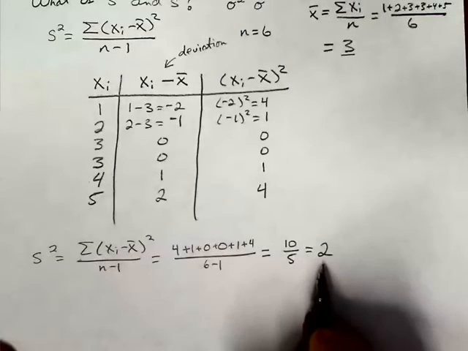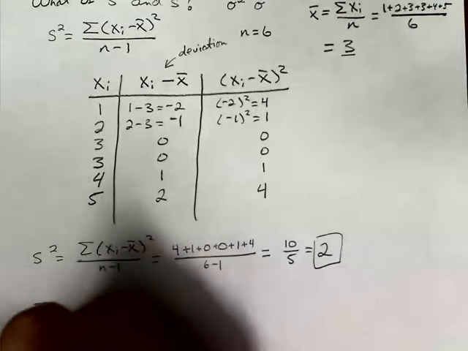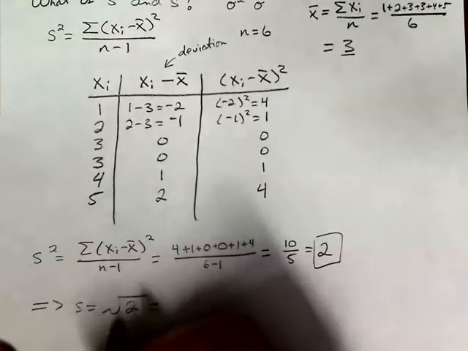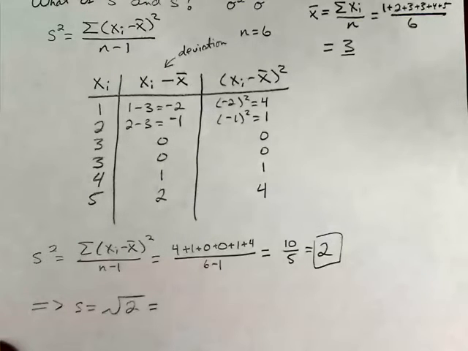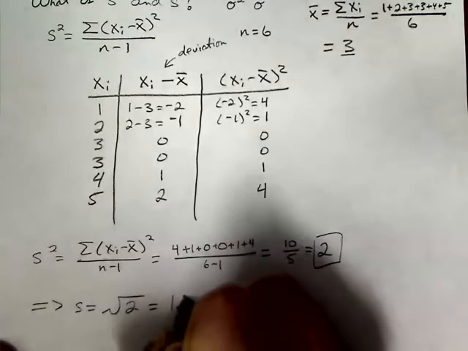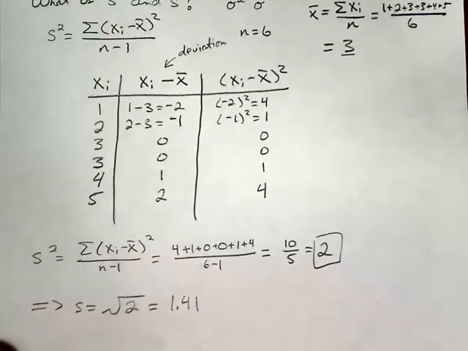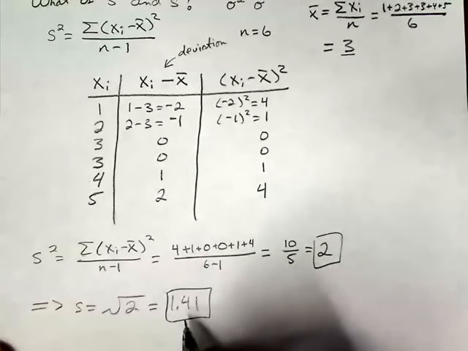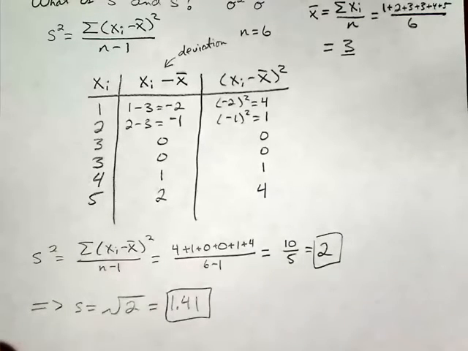So if s squared is 2, that means that s is the square root of 2, and the square root of 2 turns out to be 1.41, right? Okay. So this is also a measure, in the original units, of the dispersion of these data points here. The standard deviation and the variance.